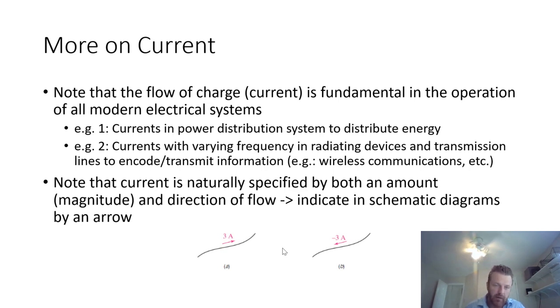In addition, if you have a current that is varying with time, and as we'll see a little bit later, what that would mean in practice is that the direction of flow is always changing. You can actually encode information in the way that current changes its direction over time. And if you place that current on a physical device such that the size of the object is large relative to the wavelength, or if it's electrically large, that device will radiate.